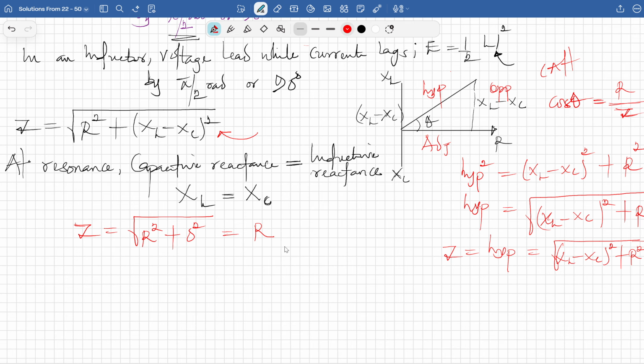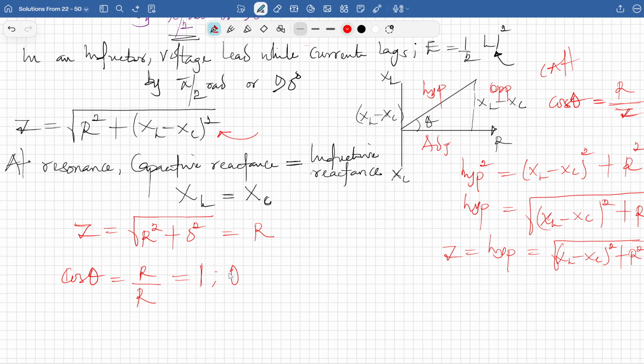Okay, so let's just quickly get the phase difference at that resonance. cos theta is equal to R over Z. At resonance, Z is equal to R, so that equals 1.